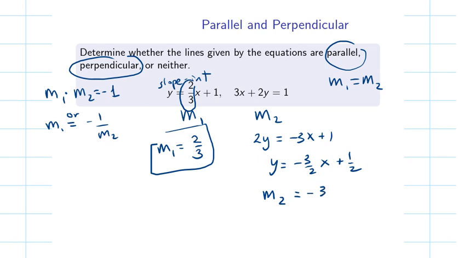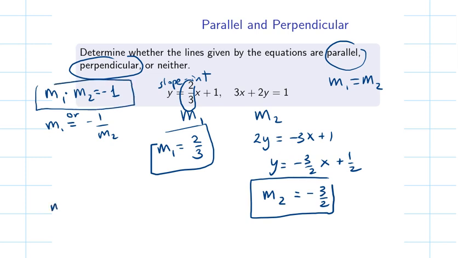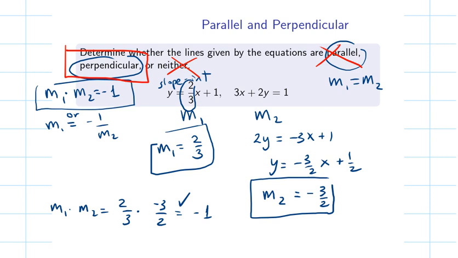And so I found the slope of both of the lines, and m1 times m2 is 2/3 times negative 3/2, and that's negative 1. So these two lines are perpendicular, not parallel and not neither. Okay, let's go to the next problem.